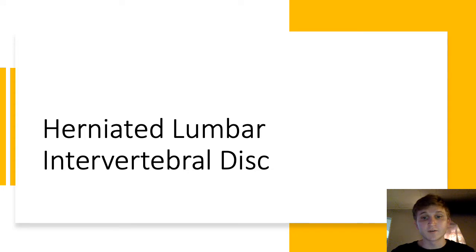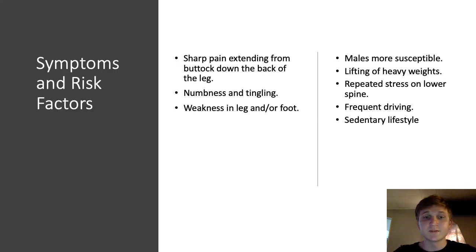So moving on to the second possible diagnosis, we have the herniated lumbar intervertebral disc. Some symptoms of a herniated disc would be sharp pain extending from the buttock down the back of the leg. The patient would experience numbness and tingling and a possible weakness in the affected leg.